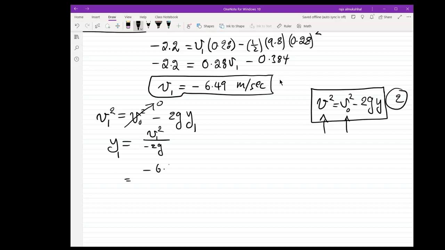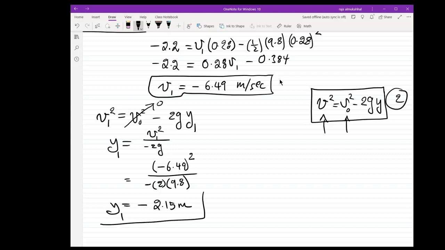So negative 6.49 squared divided by 2 times, I'm sorry, I made a mistake. Parentheses negative 6.49, that's what I wanted to do, with a minus here because of this minus, 9.8. And then when I plug it in and calculate it, I'm going to end up with negative 2.15 meters.